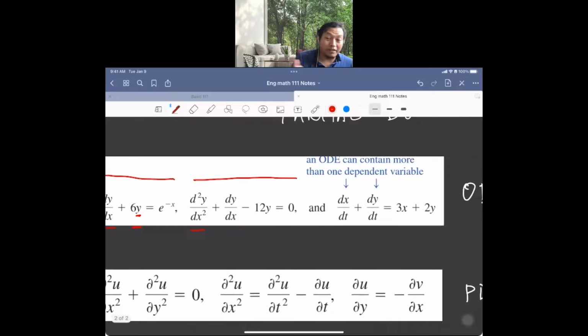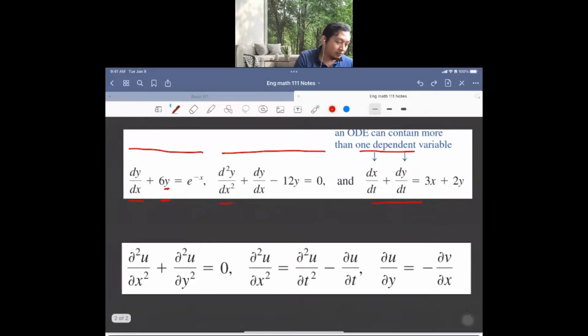And then the third part here, we can have more than one dependent variable. For example, our independent variable in this case is t. So we have dx over dt plus dy over dt is equal to 3x plus 2y. So this is also still ordinary. And we will focus this semester on the ordinary ones.